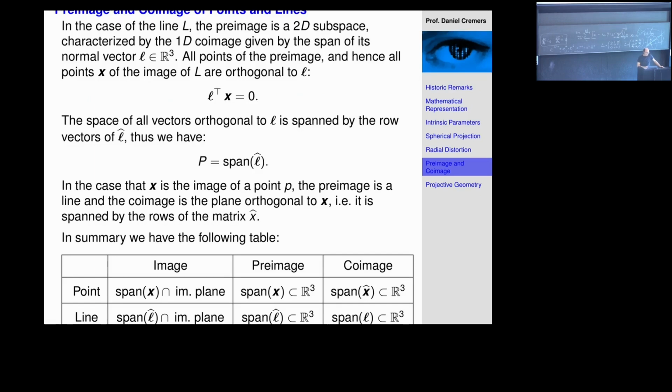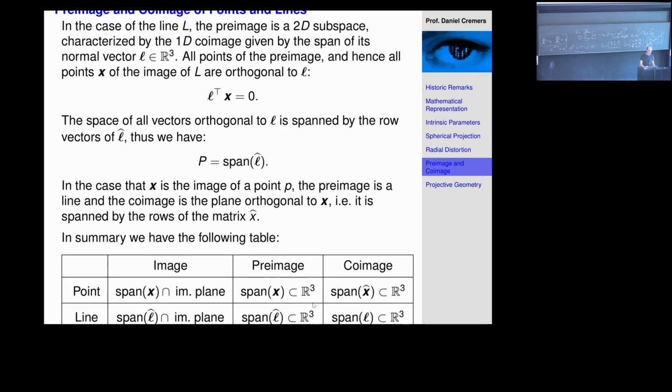We're not going to do it here for the sake of simplicity. We'll stick to points and lines that are projected onto the screen. And then I can talk about the image of these points, a 3D point observed in the image, a 3D line observed in the image, and I can talk about pre-image and co-image. One has to be a little bit careful.